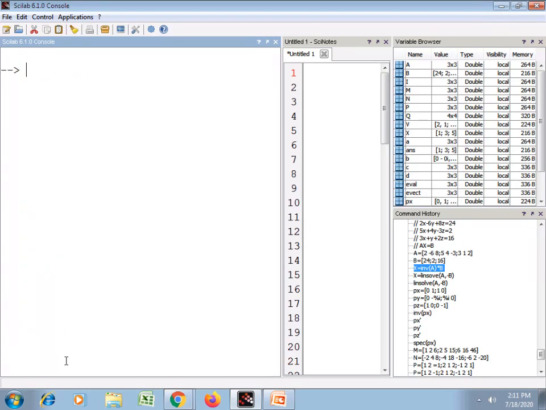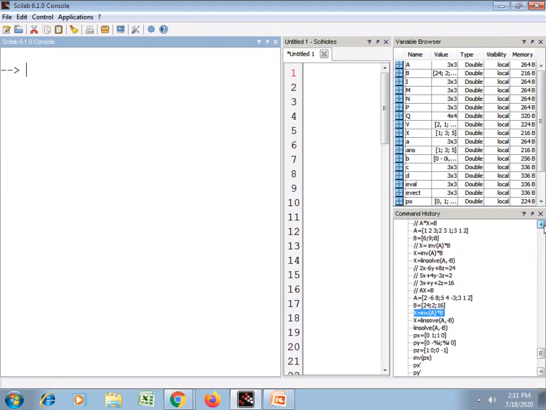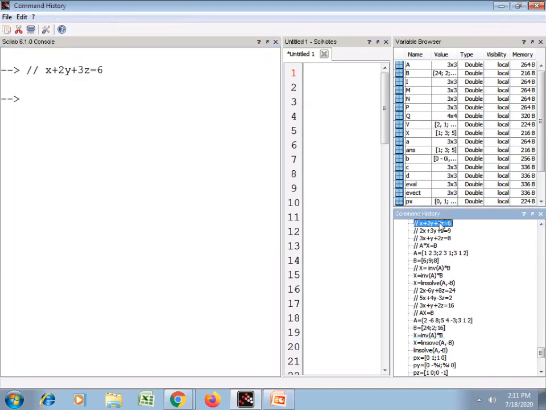We take another example. First linear equation, x plus 2y plus 3z equal to 6. Second linear equation, 2x plus 3y plus z equal to 9. And third equation, 3x plus y plus 2z equal to 8.